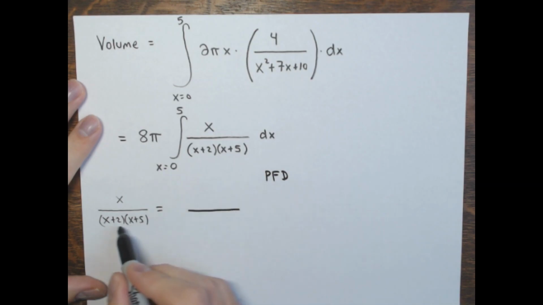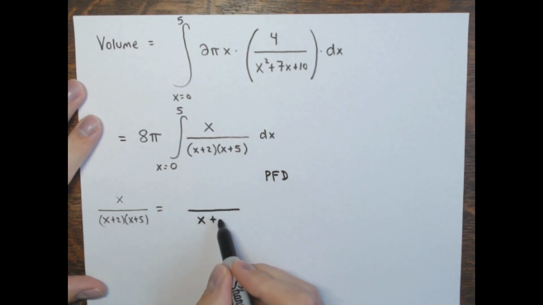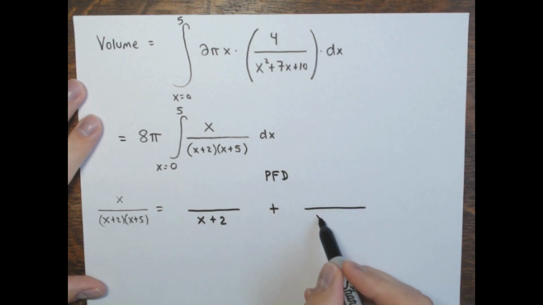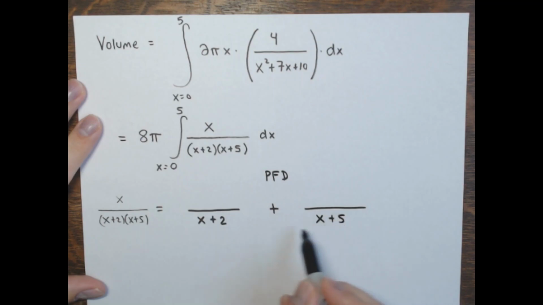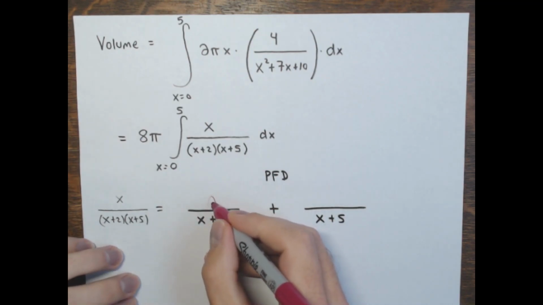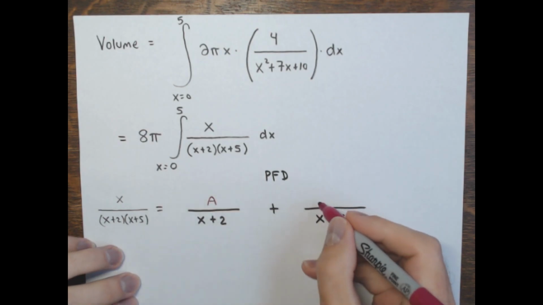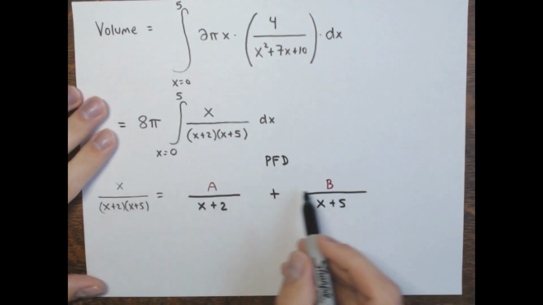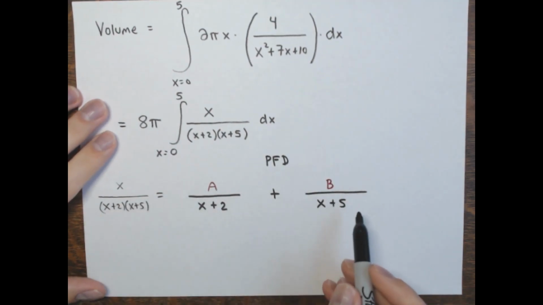I got one of these with the factor x plus 2 in the denominator, plus another one with x plus 5. And again, being linears, to keep these proper, we only need to go up to a constant. And so again, I'll call these constants a and b. We'll find a and b now, create a nice polynomial identity.